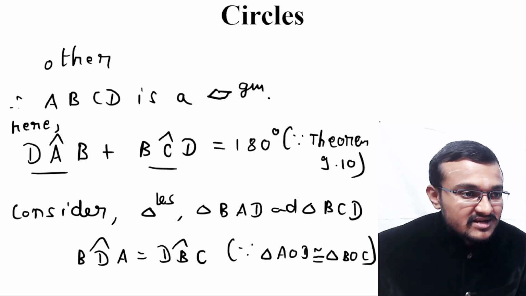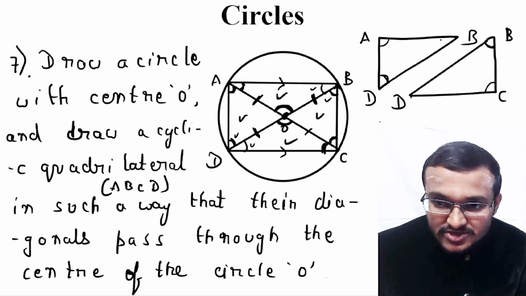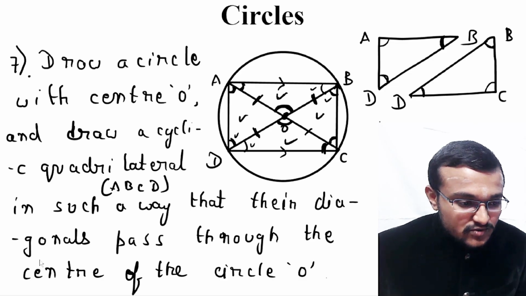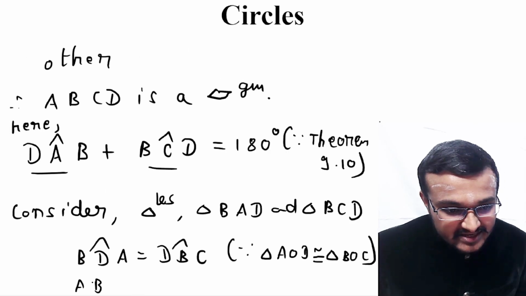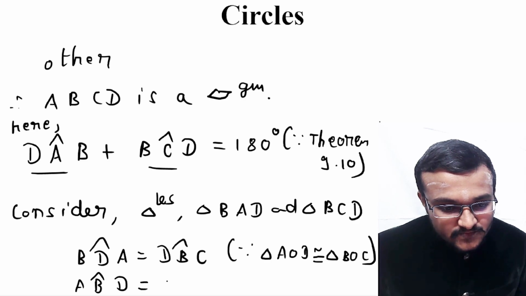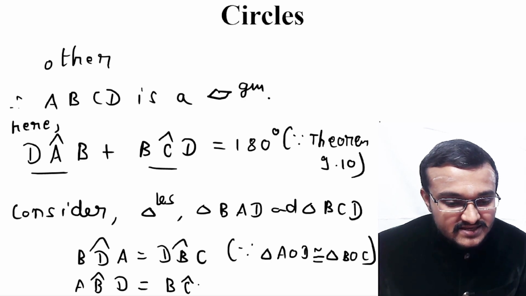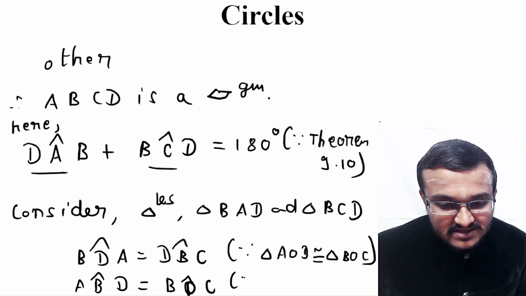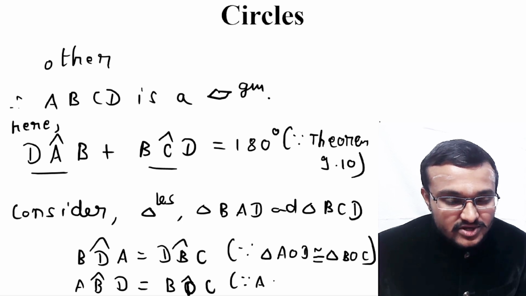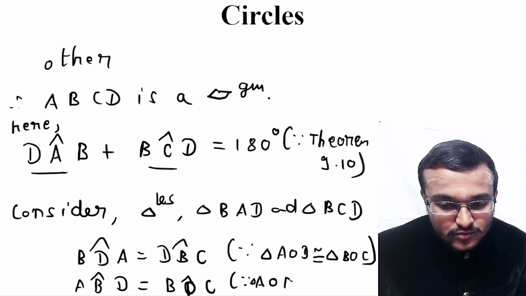Similarly, these two angles will also be equal to each other. That is, ABD and this particular angle BDC will also be equal to each other. So ABD angle will be equal to BDC angle. This is because we have proved triangle AOB is congruent with triangle DOC.